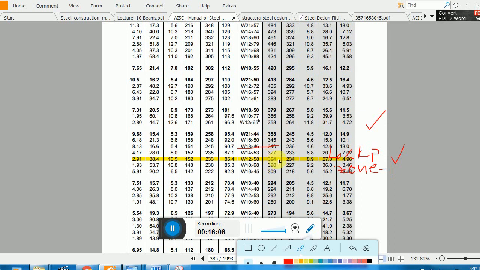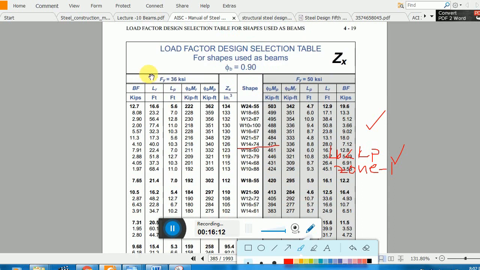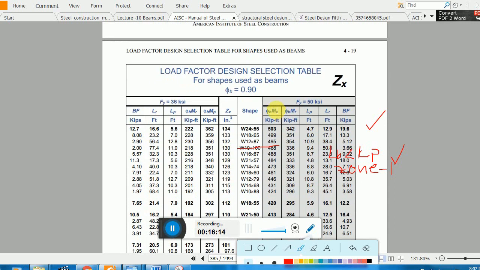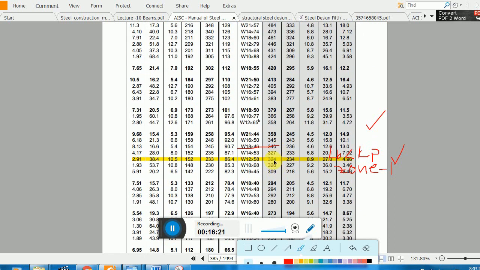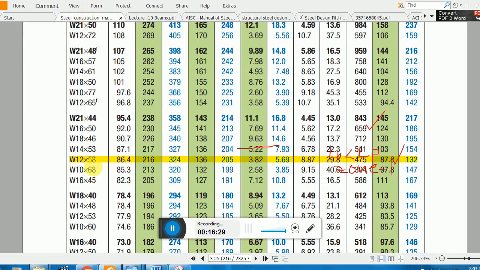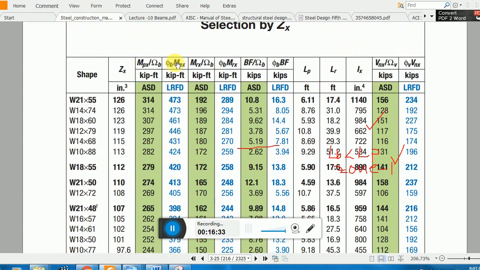324, from where does this value come? This Zx is multiplied with that fy value, that 50, with 0.9, and they got this 324. And similarly, if I show you here as well, for W12x58 you see 324. That is your phi b Mpx, 324.